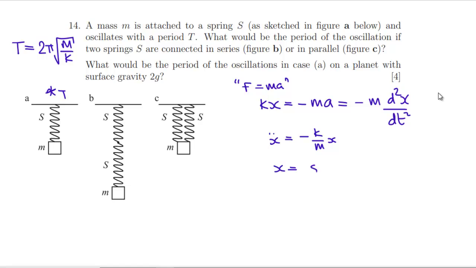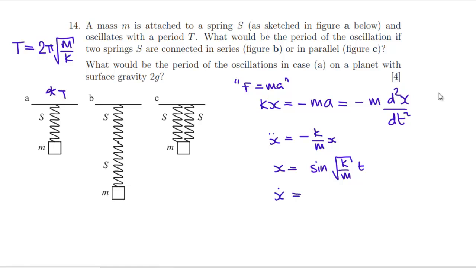So now if we have sine of the square root of k/m multiplied by t, because the square root of k over m is going to come out twice when we differentiate it twice.